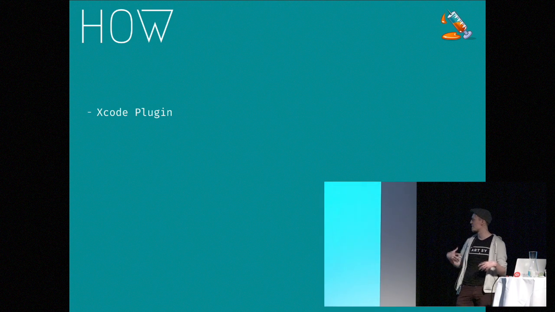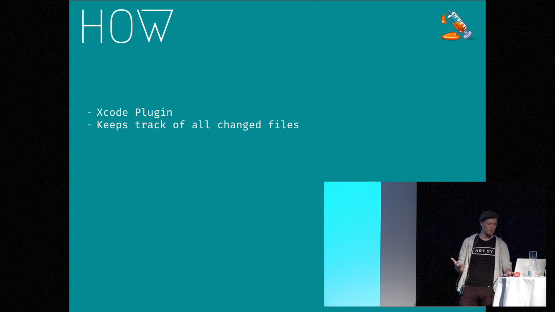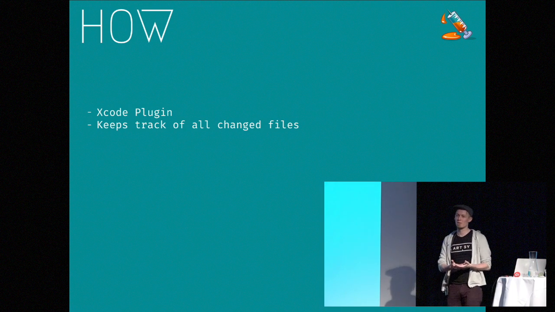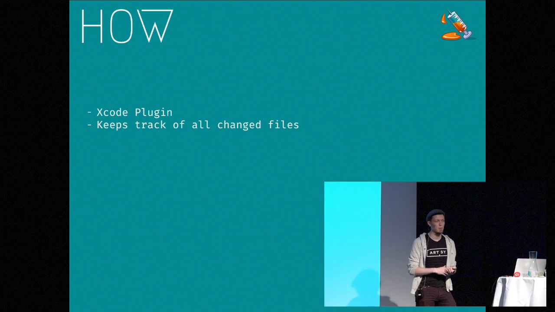So I started with understanding how the Xcode plugin works, and dug into figuring out that what the plugin really does is try to keep track of every time you press save.